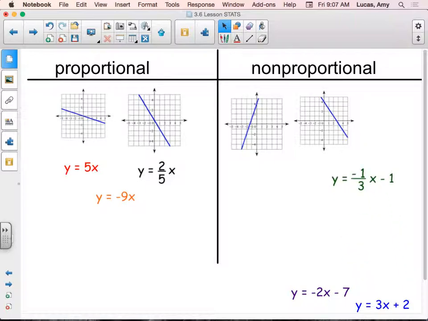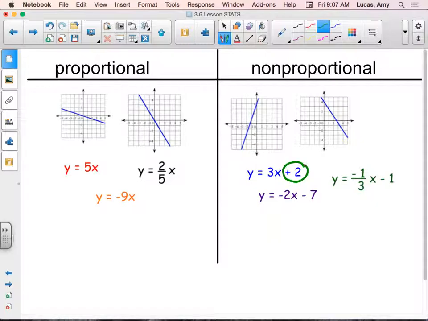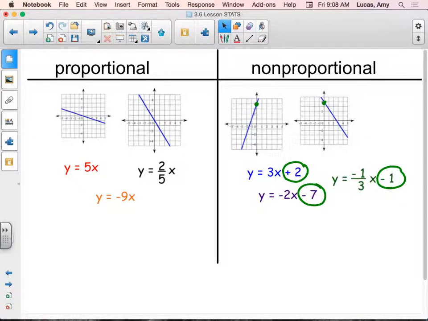So you don't have to write plus 0. All of these that I'm clicking and dragging have intercepts that are different from 0. So positive 2, negative 7, negative 1, and then the graphs, this one's 4, and so is this one. So that's the key. The graph has to go through the origin, it has to be a line, and the equation does not have a y-intercept written because it's 0.